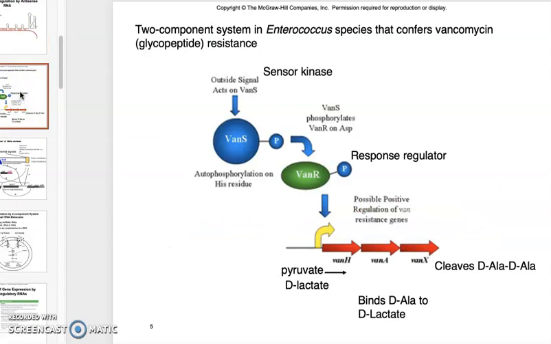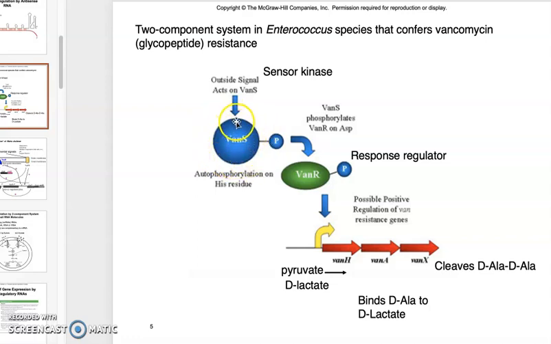Another cool example of a two-component system is Enterococcus, the so-called VRE, vancomycin-resistant Enterococcus species. These have glycopeptide resistance specifically to antibiotics like vancomycin, which is a cell wall synthesis inhibitor. Vancomycin present in the environment will activate the sensor kinase, VAN-S.